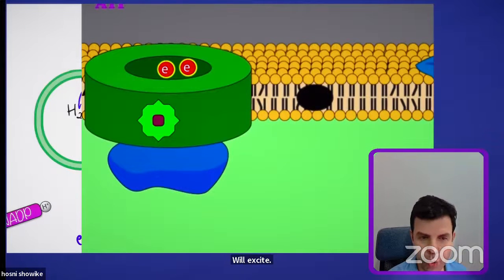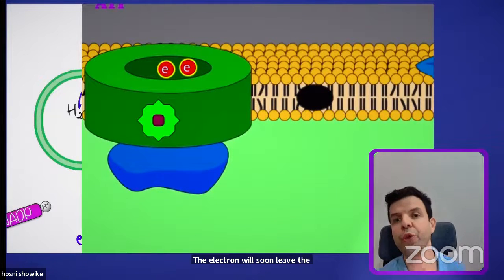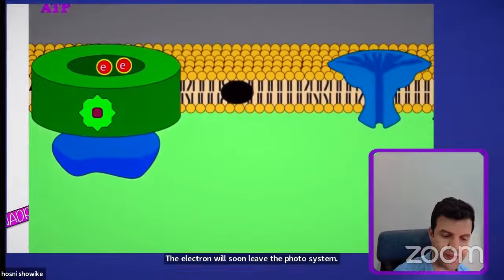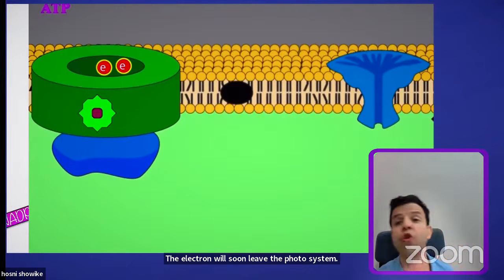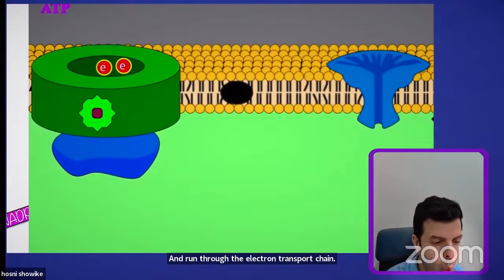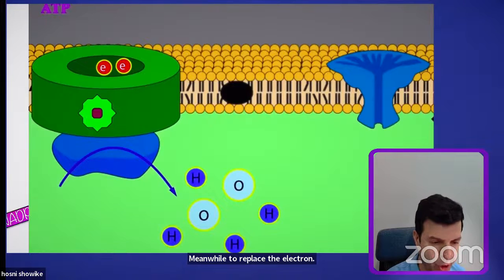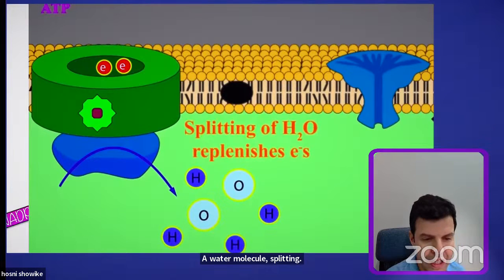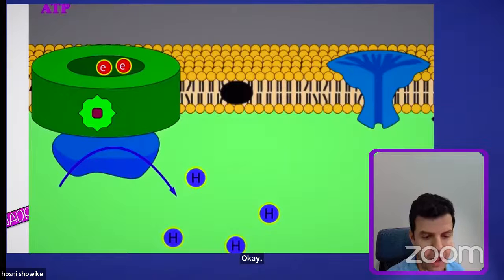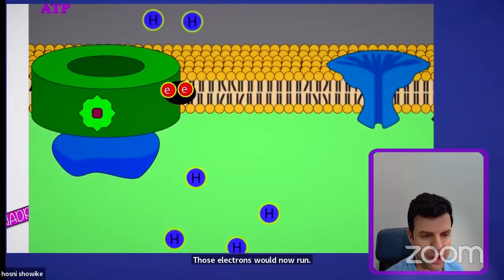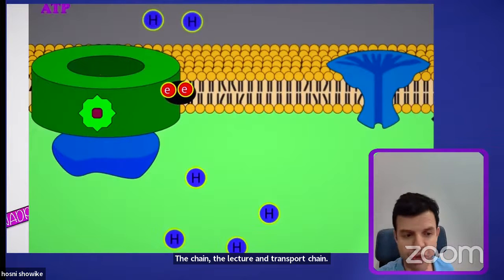The electron will soon leave the photosystem and run through the electron transport chain. Meanwhile, to replace the electron, a water molecule is splitting, okay? Those electrons will now run in the chain, the electron transport chain. You see the black things just came here? That's the electron transport chain.